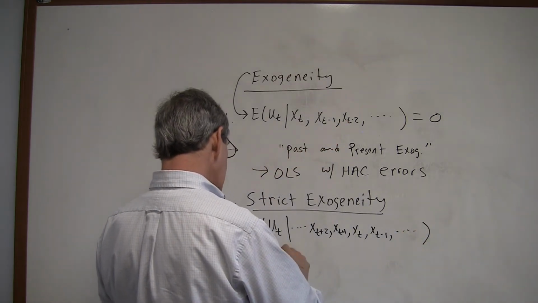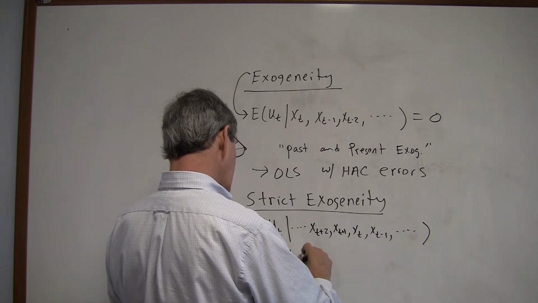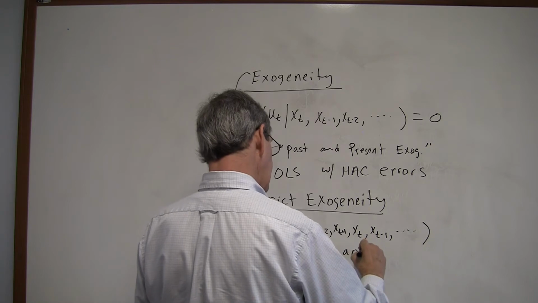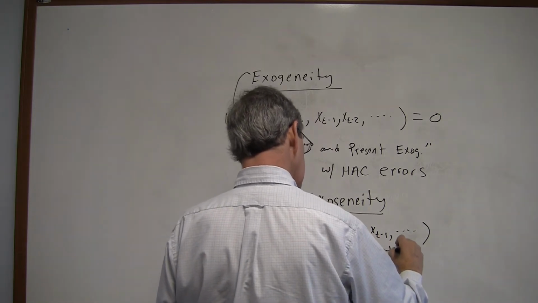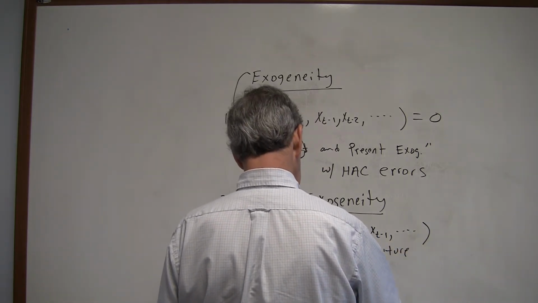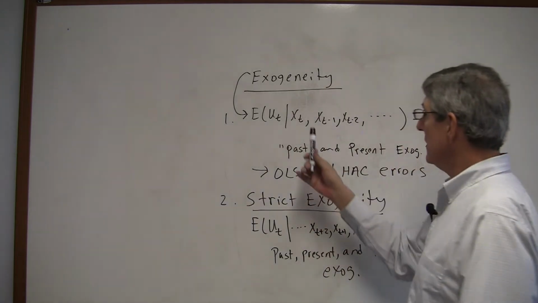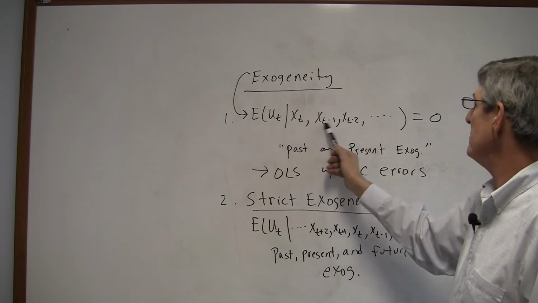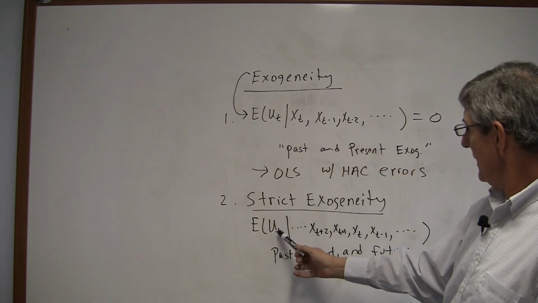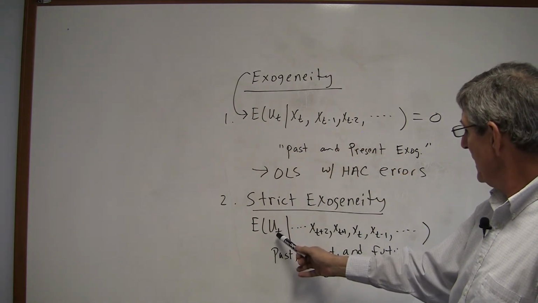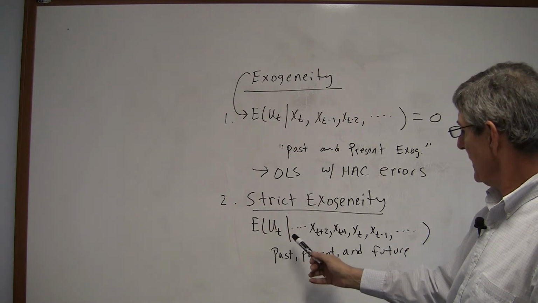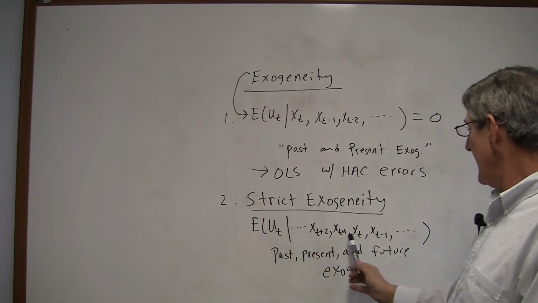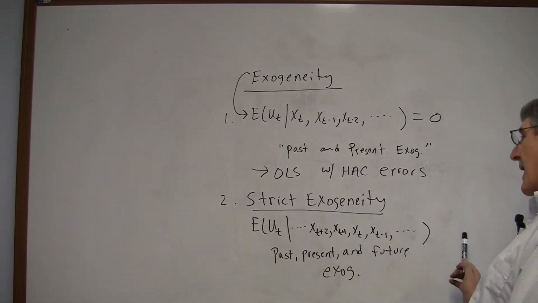So this is past, present, and future exogeneity. So here, ut just has to be independent of the present and past values of x. Here, for strict exogeneity, ut has to be unrelated to future values of x, the present value of x, and past values of x.